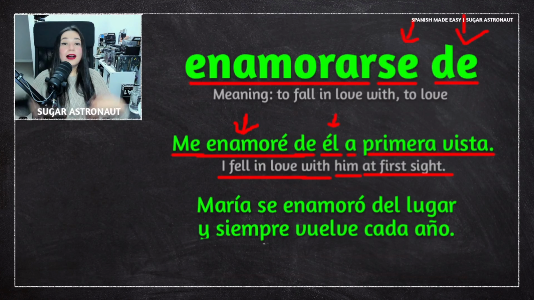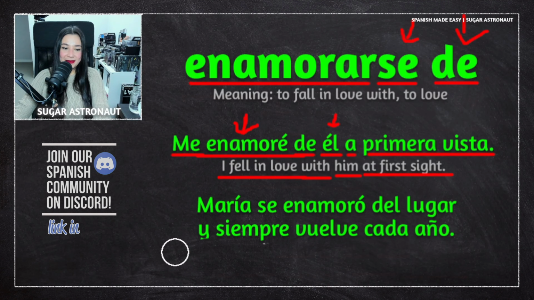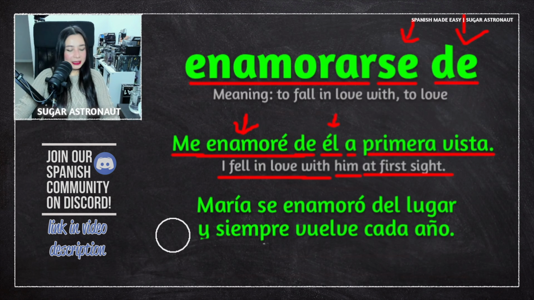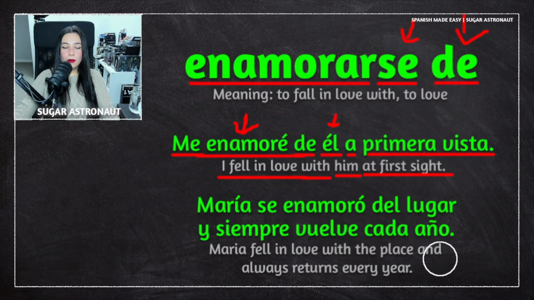You can love a place so much that you are like, I really love this place. I have to come back. So it happens. This means Maria fell in love with the place or loved the place so much, and she always returns every year.